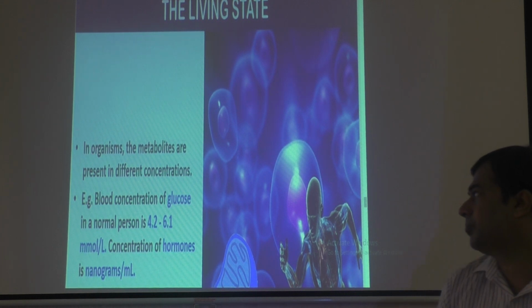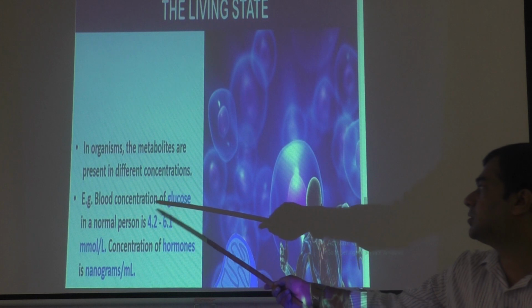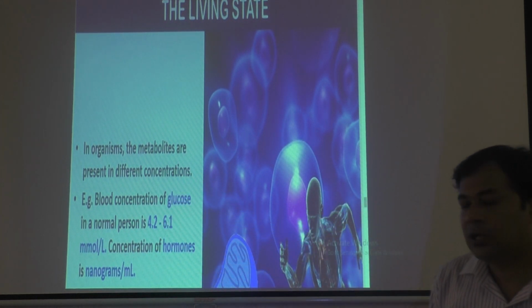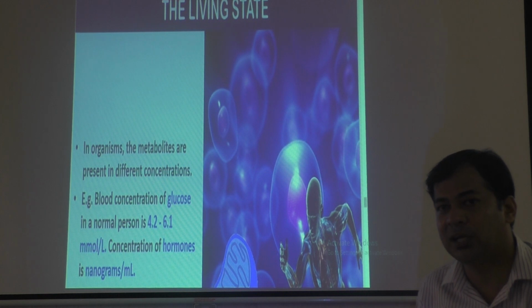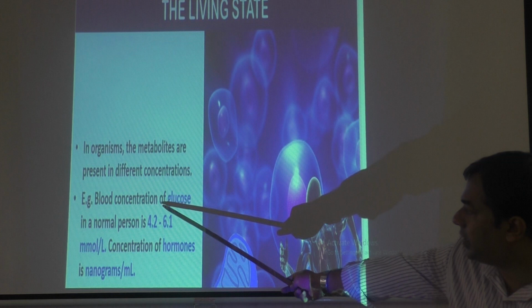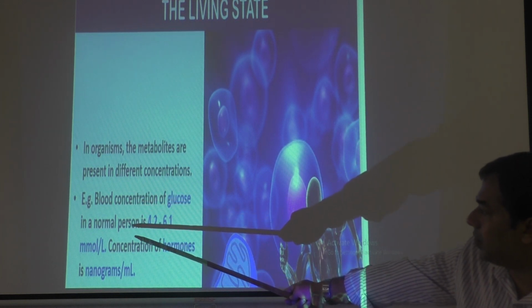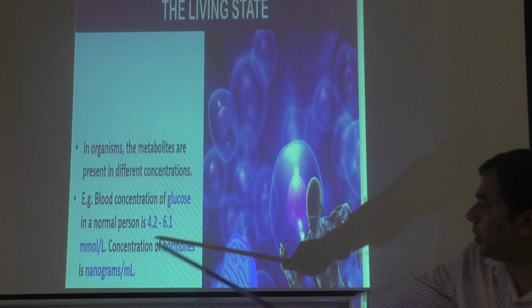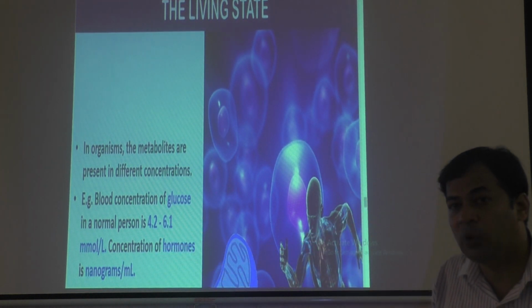We will take an example: the blood concentration of glucose in a normal person. Blood glucose level, that is sugar level. How much glucose is there in the blood of a normal person is 4.2 to 6.1 millimole per liter.